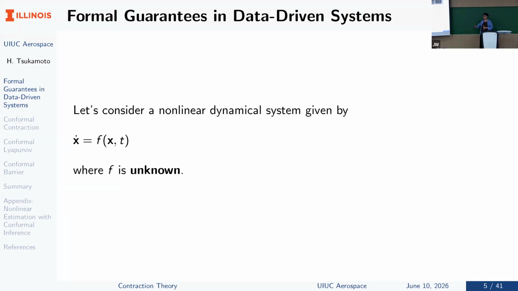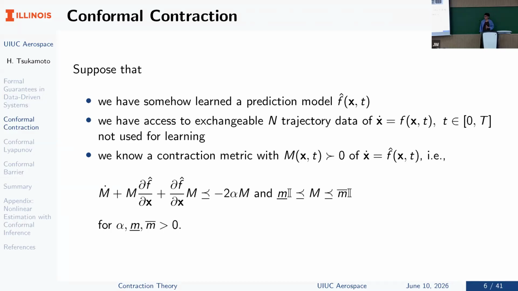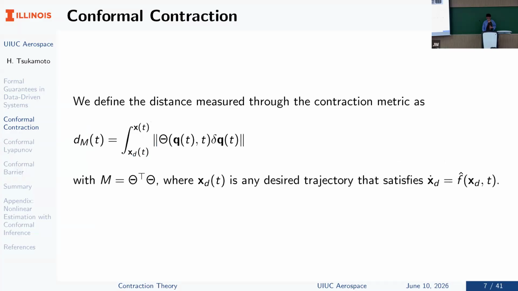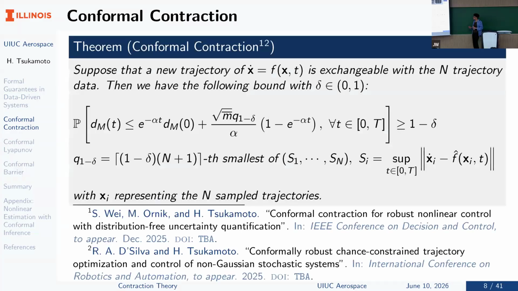Going back to our example where f is unknown, previously we assumed that the learning error of the prediction of the dynamics is bounded. But let's not assume that for now. Let's use the same theorem and the same contraction condition. And now what we get is this. We get a similar type of bound without assuming that the uncertainty is bounded.